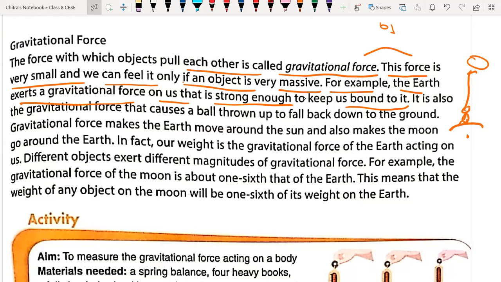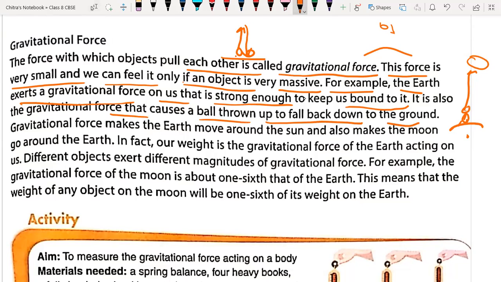It is also the gravitational force that causes a ball thrown up to fall back down to the ground. While playing, we throw the ball upward, but at a certain height it turns and returns to the surface of the earth. It shows that the earth's gravitational force attracts the ball towards it.